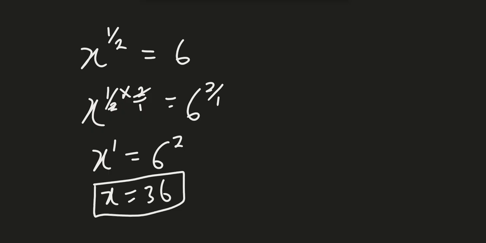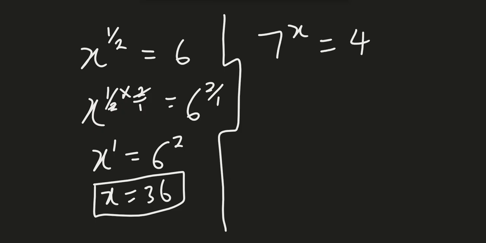Alright, now we've applied this on another level. Let's consider also the other part which we learned, where we have 7 raised by x equals 49. Same thing, the same method.